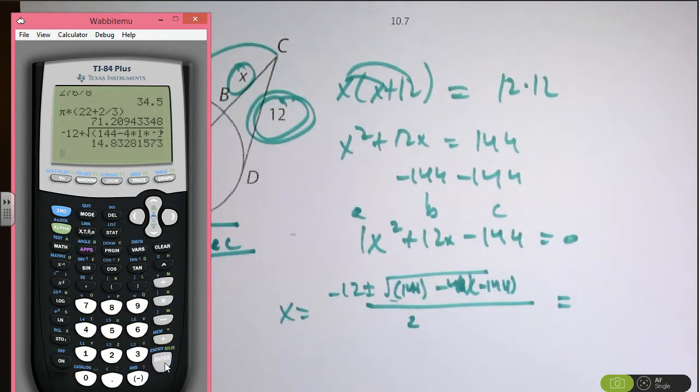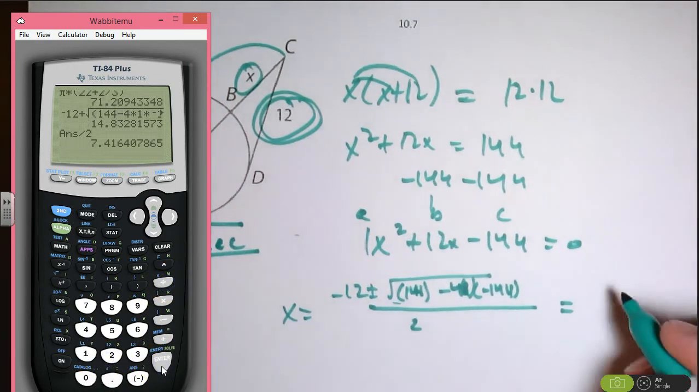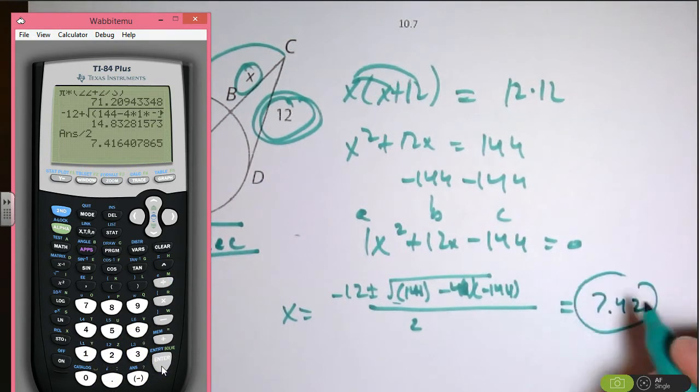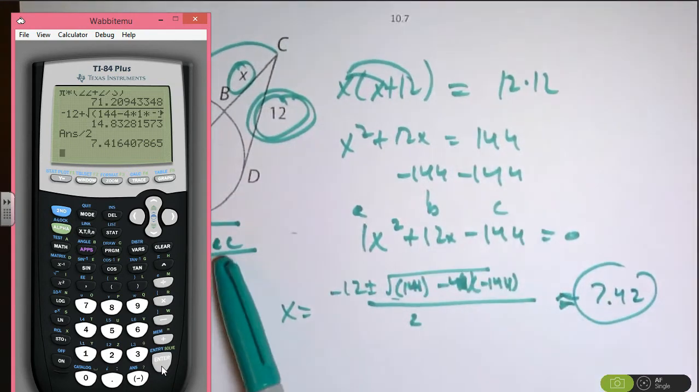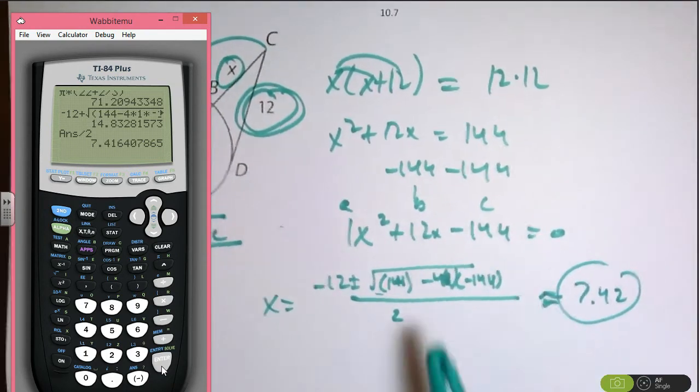I get 14.83 and so on. All that's then divided by 2, and I get 7.42. Otherwise I get a negative number if I subtract it. But distributive property, good old quadratic formula, yay.